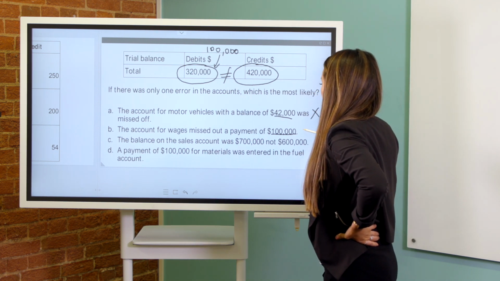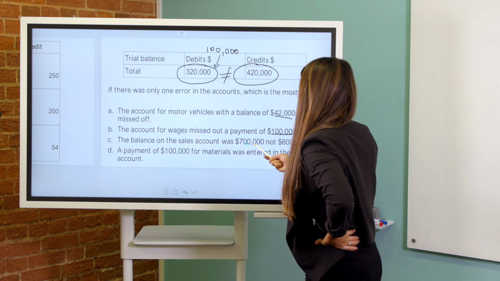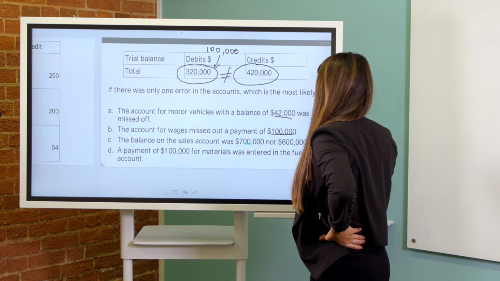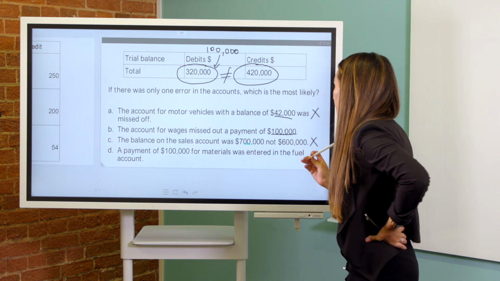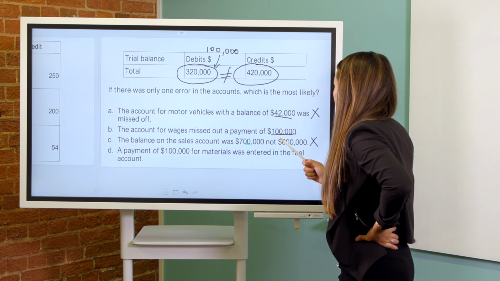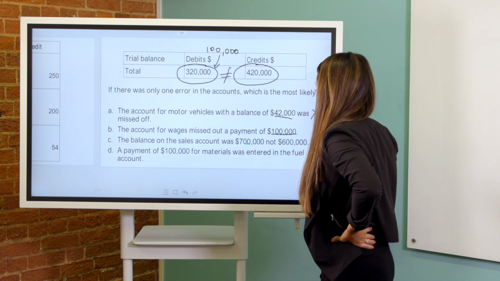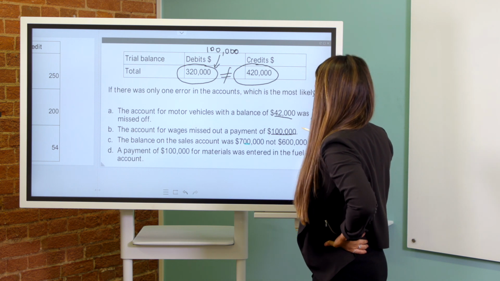So potentially this one. Then C1 is a credit, so this can't be this one. And then payment 100,000. That's debit, but that would have voided because it's twice. So I think it might be this one.